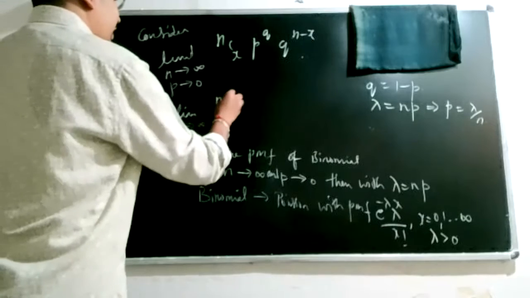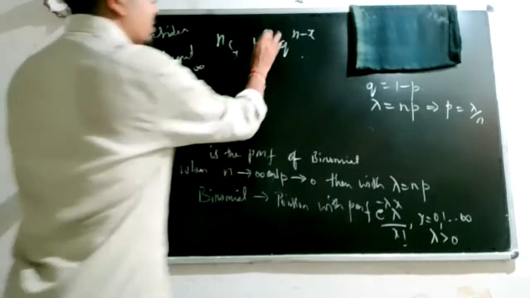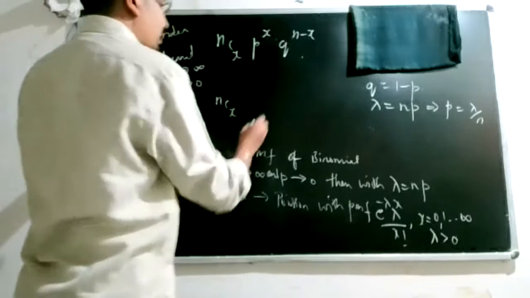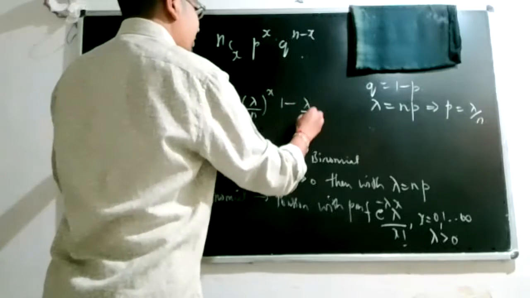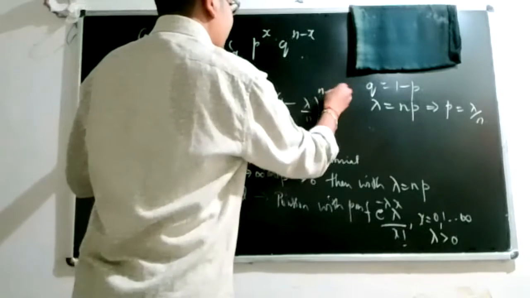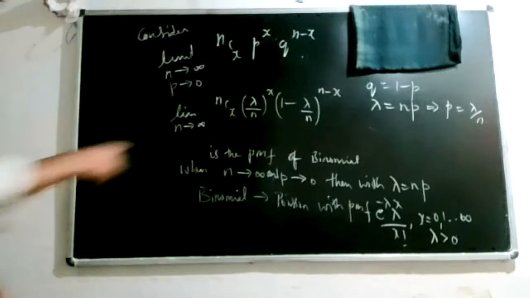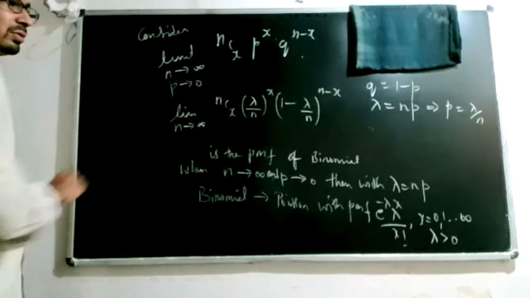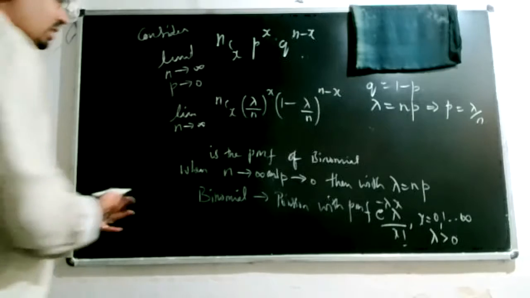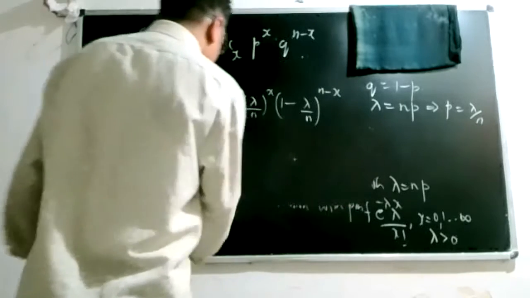So limit n tends to infinity. I'll write everything in terms of lambda: nCx, lambda by n to the power of x, 1 minus lambda by n to the power of n minus x. Now the terms don't involve any p, so I can remove that p tends to 0. Now just simplify and put limit n tends to infinity.